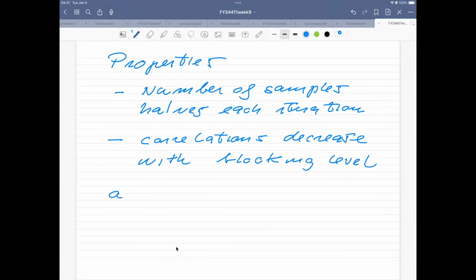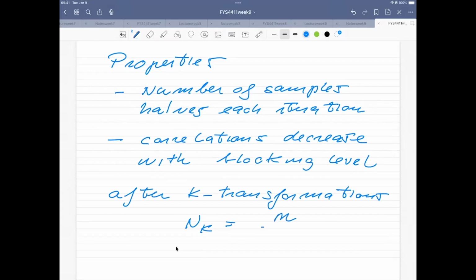So after k transformations of this type, the number of data which you have in each block is given by the original n divided by 2 to the power of k.